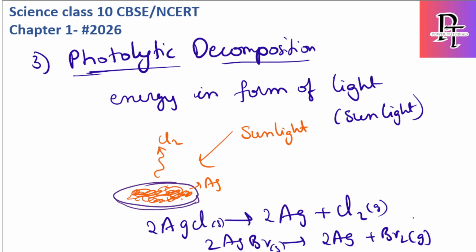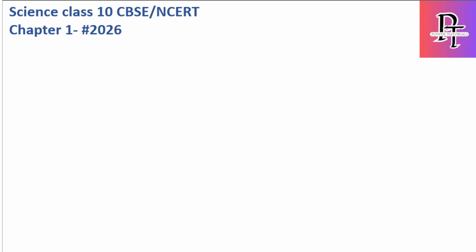So the photolytic example is that AgCl or silver bromide gets decomposed into silver and chlorine or silver and bromine. The application of this photolytic decomposition is that it is used in black and white photography. Okay, this is also important.